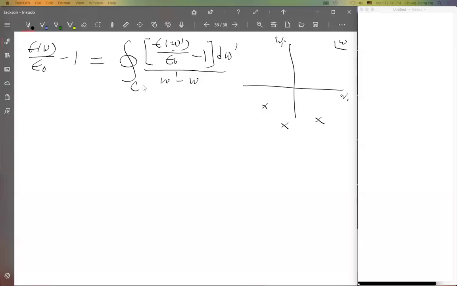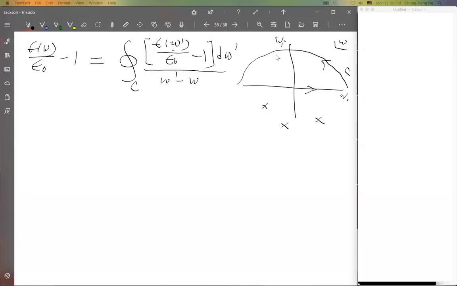Omega is within C, and we'll choose the path so that part of it is the real axis. We integrate along the real axis, and then close the path with a semicircle at infinity. This will be our path C.